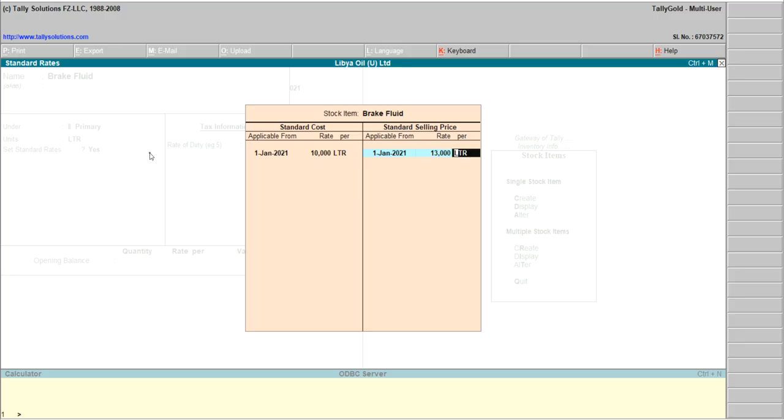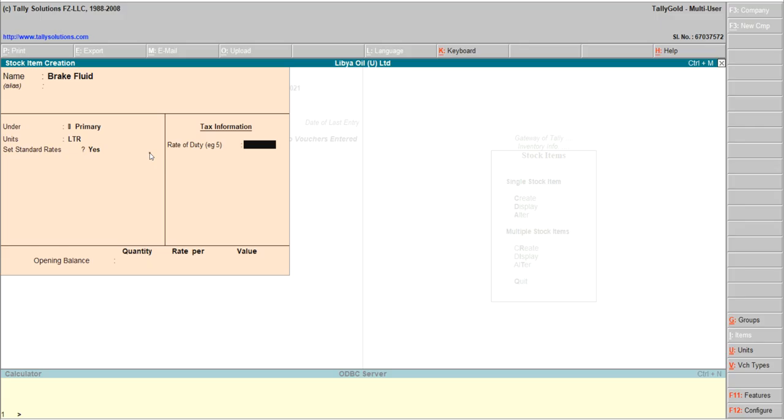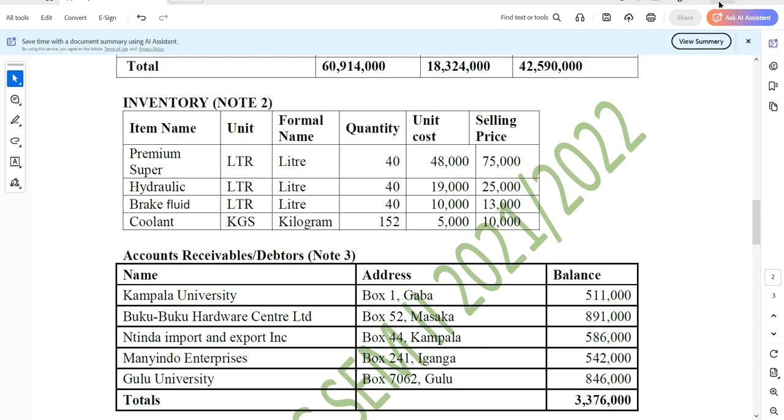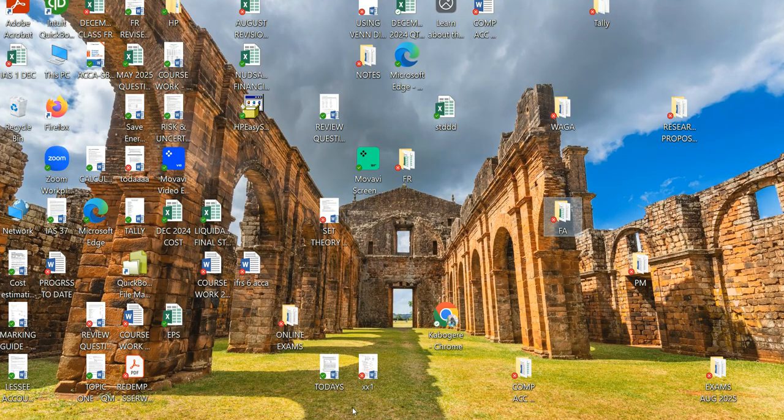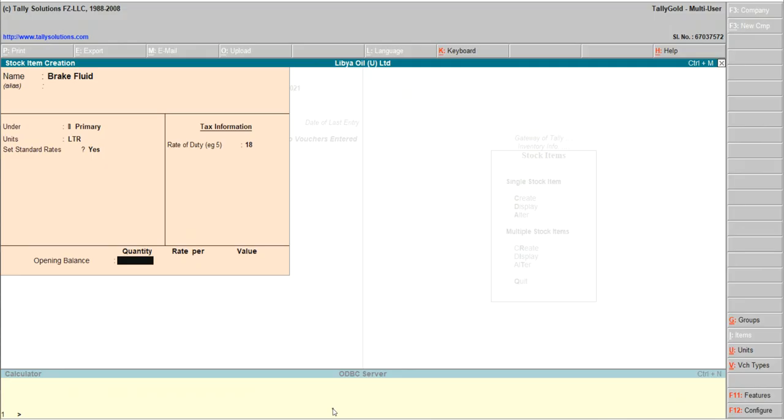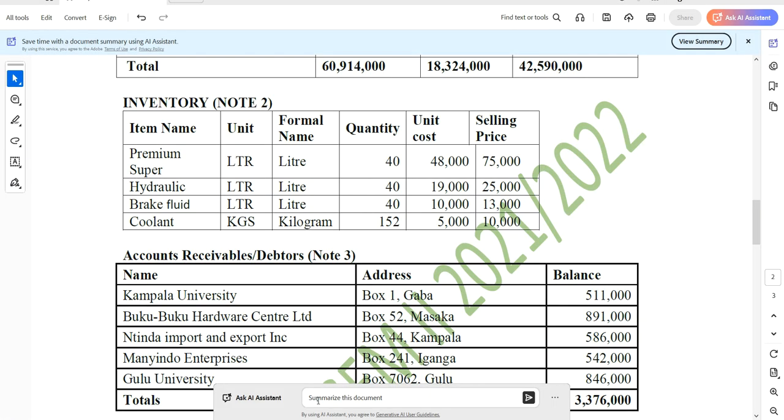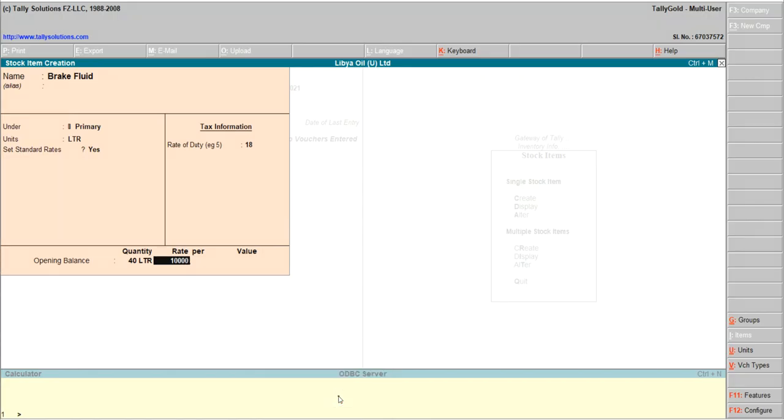I'm getting this from the question. Standard rate of duty, that's 18. Quantity is 40. The unit cost is 10,000. That's 400,000 value.